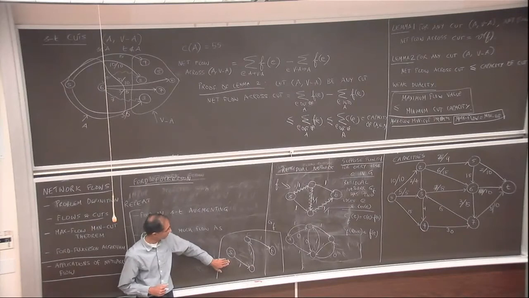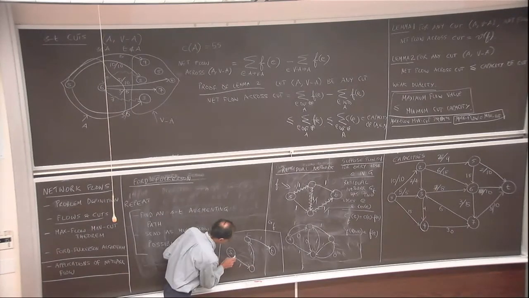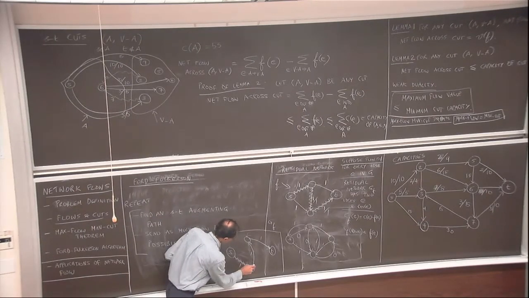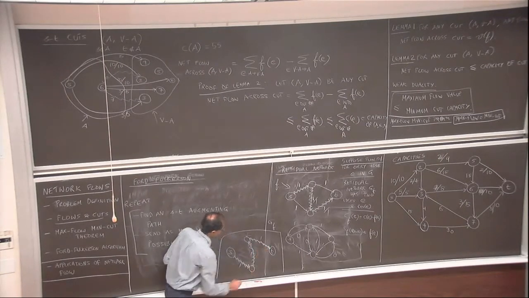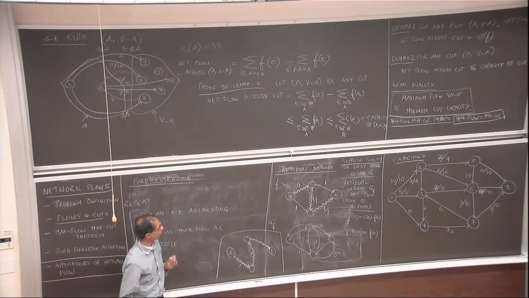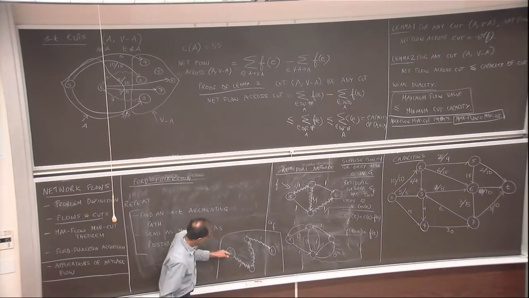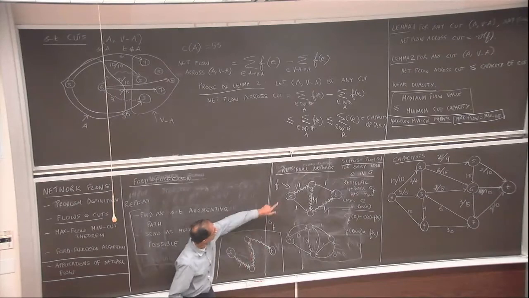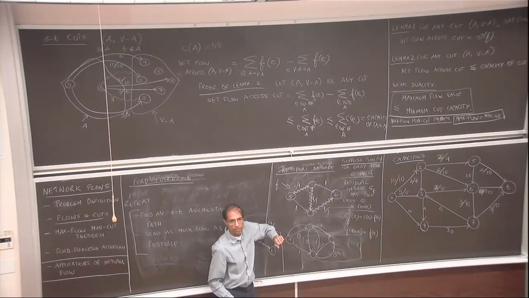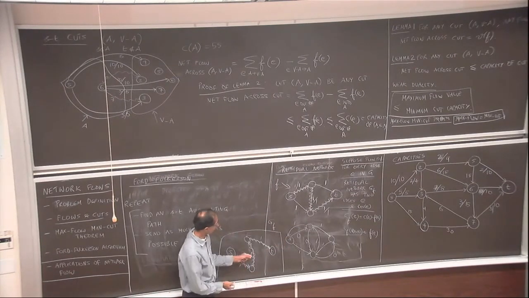Yeah, there is. And that flow is this one. So we first send 1 unit of flow along this path. Then we send 1 unit of flow along this path. What happens? Okay, there is no edge in the original graph.